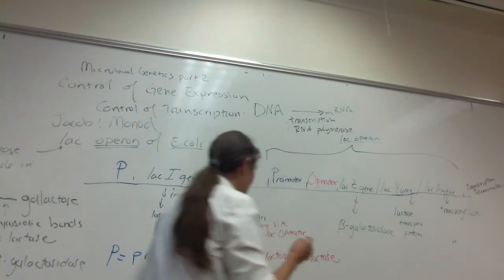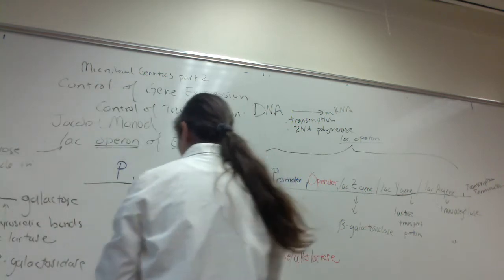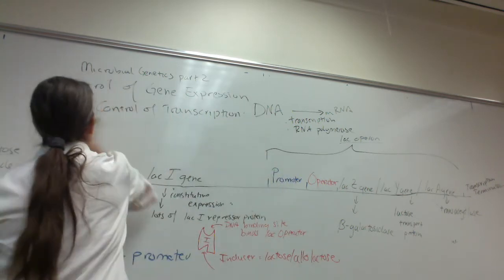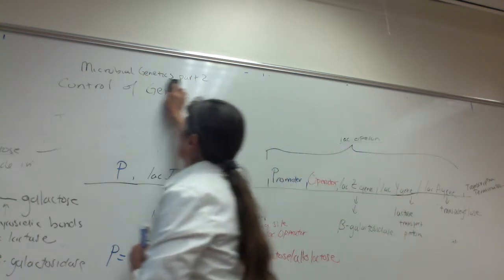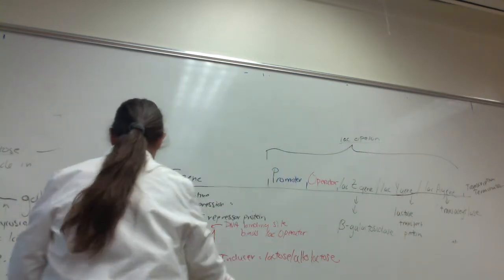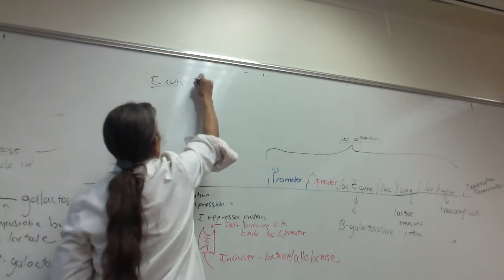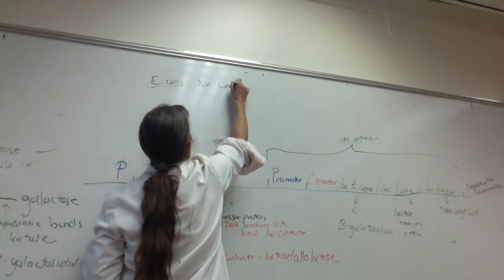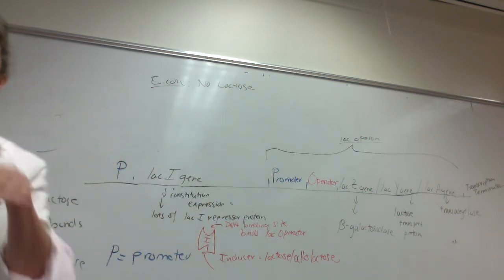Okay, so let's set the scene here. Let's say our E. coli is growing in the absence of lactose. So there's no lactose in the environment. Now remember, we're thinking as evolutionary biologists.